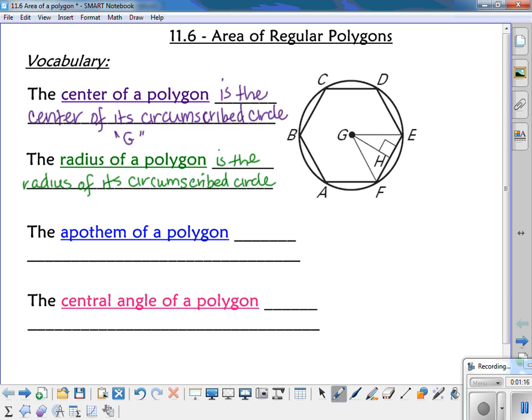So in our picture here, there are multiple radii we could look at. GF here is a radius. GE, I could draw several radii here. So two of them that were already in the picture were GF and GE.